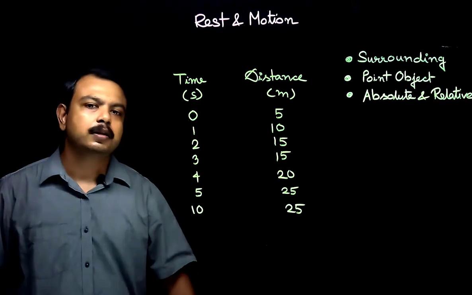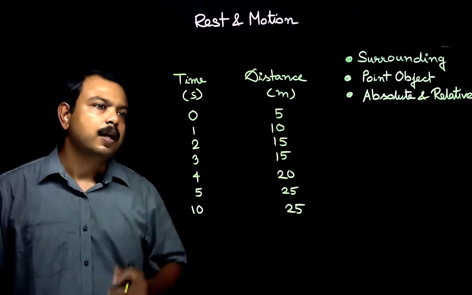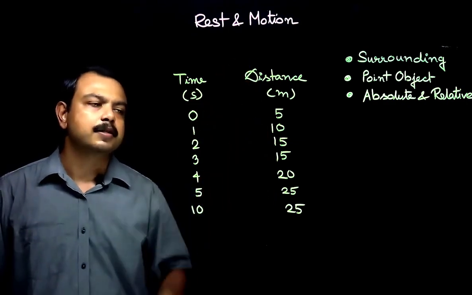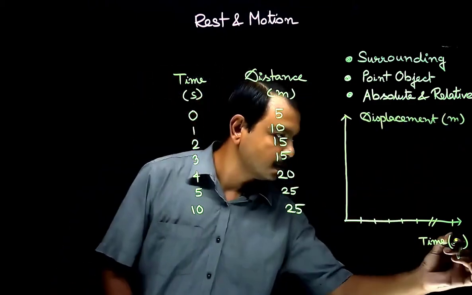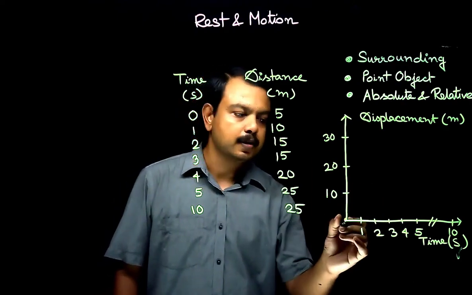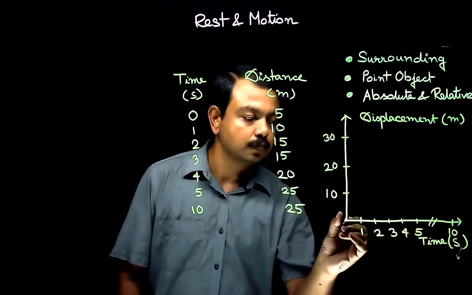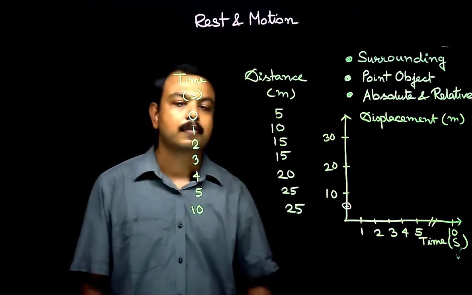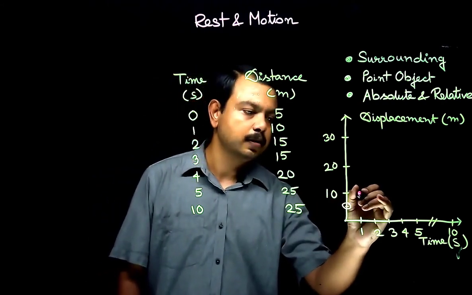Now if we plot a graph for this set of observations and we place time along the horizontal axis and distance along the vertical axis, the graph will look like this. If we plot it, what we will get? At 0, the car was at 5-meter distance. Then at 1 second it is at 10-meter distance.